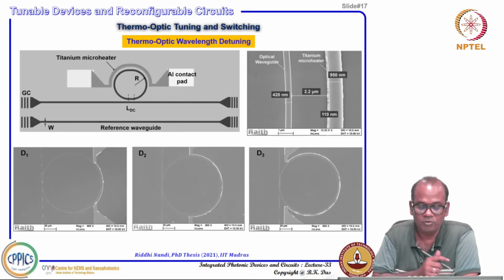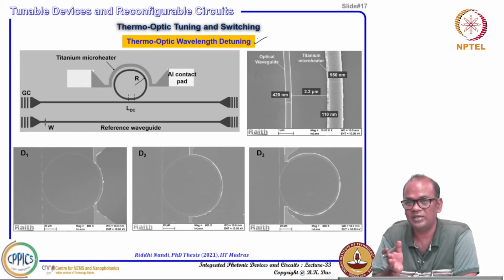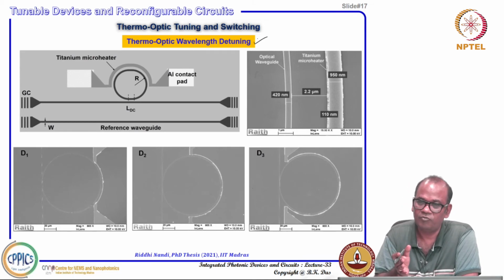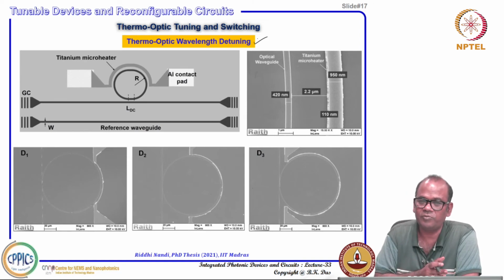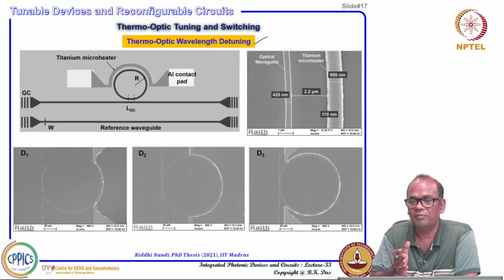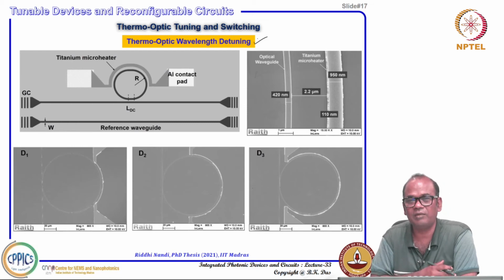Now we will be discussing thermo-optic wavelength detuning. We have discussed how phase shift can happen, what the figures of merit are, and also how, using that type of thermo-optic phase shifter, one can design a Mach Zehnder interferometric switch. Now we would like to discuss how this thermo-optic phase shifter can be useful for wavelength detuning.